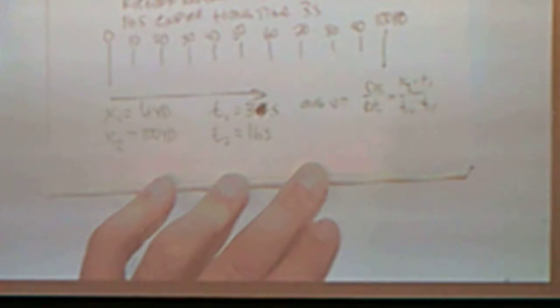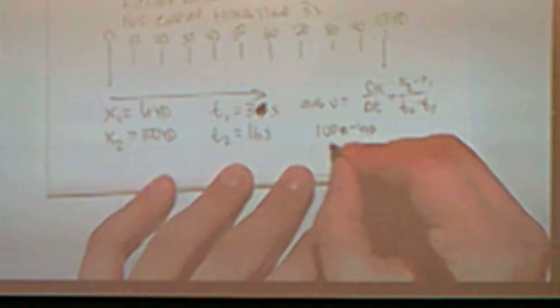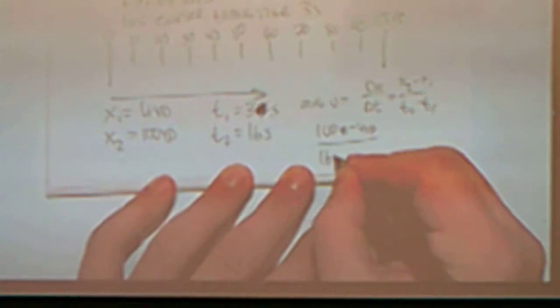So, in this case, the average velocity is going to be equal to delta x over delta t. It's going to be x2 minus x1 over t2 minus t1. It's going to be 100 yards minus 4 yards over 16 seconds minus 3 seconds. Okay. What's 100 yards minus 4 yards?